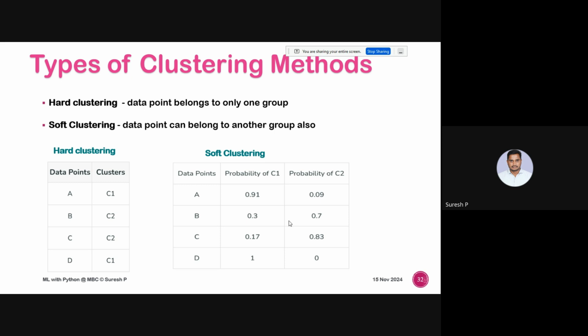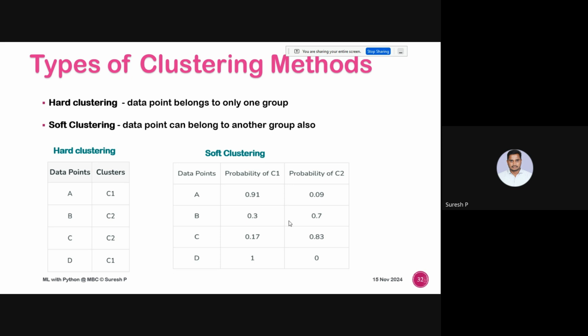Similarly, for B, 0.3 for C1 and 0.7 for C2. For C, 0.17 and 0.83. For D, 1 and 0. That is also possible. You may even have a 50-50 probability: 0.5, 0.5 means the data point can be in both clusters. That is an example of soft clustering.